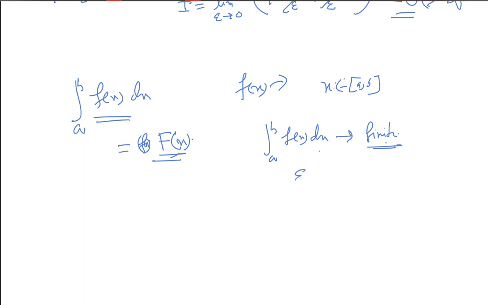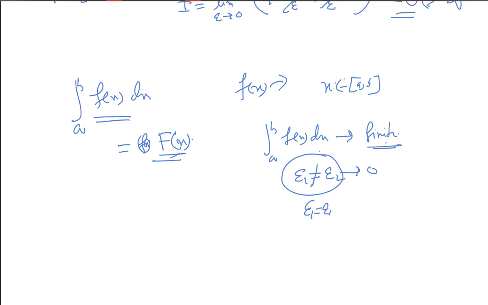पर टाइप 3 और टाइप 4 में क्या होता है, वहां पे हम लोग epsilon 1 epsilon 2 दो लिमिट दो वेरिएबल चूज कर रहे हैं ना. So when we are choosing these two variables, in general we consider epsilon 1 is not equal to epsilon 2, and both are tending to 0, if you get some finite value, this is the general value or convergent value.